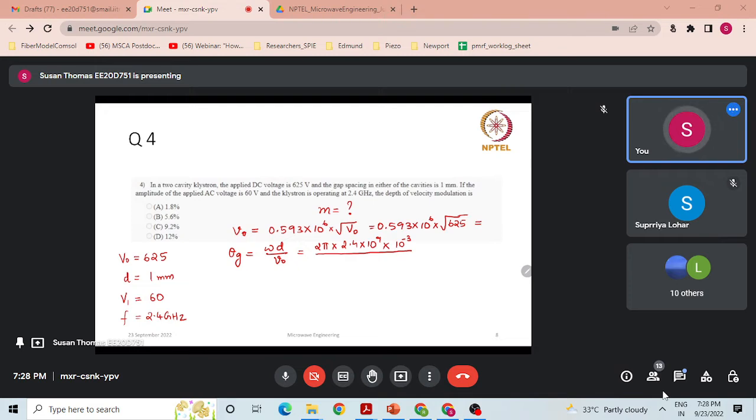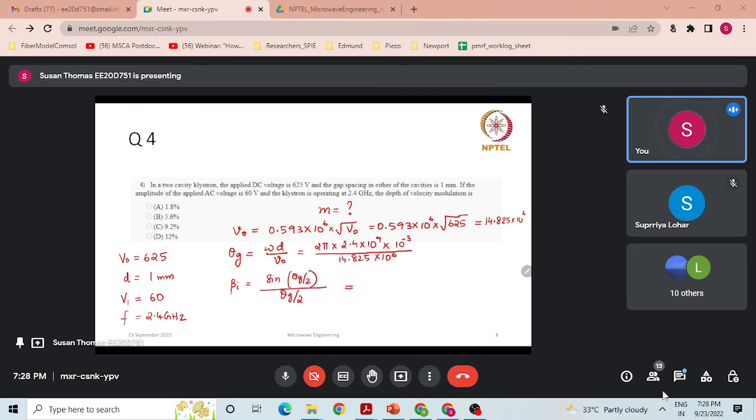So hopefully you might have got the V naught as 14.825 into 10 power 6. If you substitute it here, you can calculate this theta g. Once you calculate the theta g, you can find beta I: sine of theta g by 2 divided by theta g by 2.